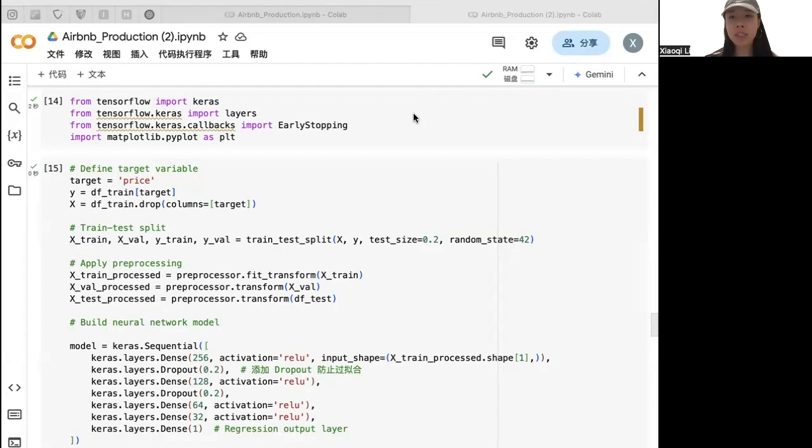The specific steps include handling missing values by using SimpleImputer to fill missing values: numerical features with the median, and categorical features with the mode.